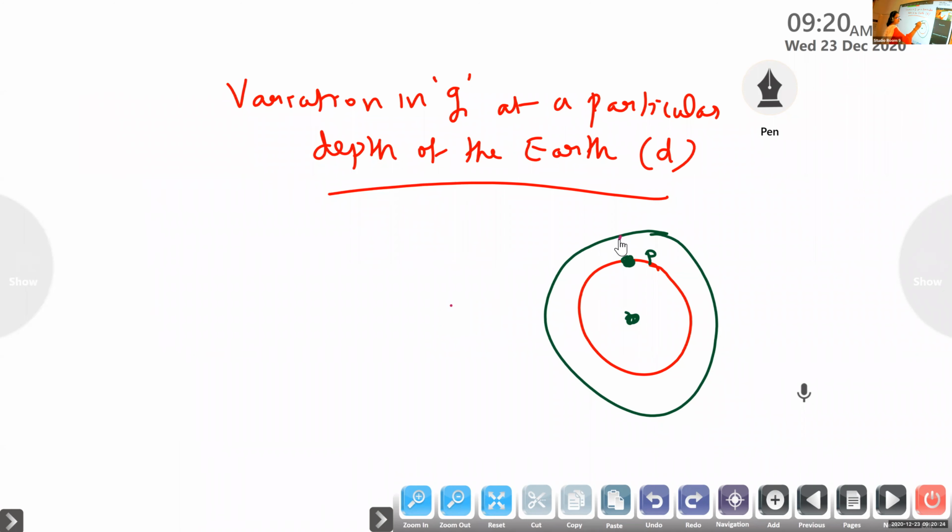So from here to here it is R, and this distance is D. So the total will be R minus D. So you have to find out at this particular point how much. Total is R, this small distance is D, and at this point you have to find out R minus D.